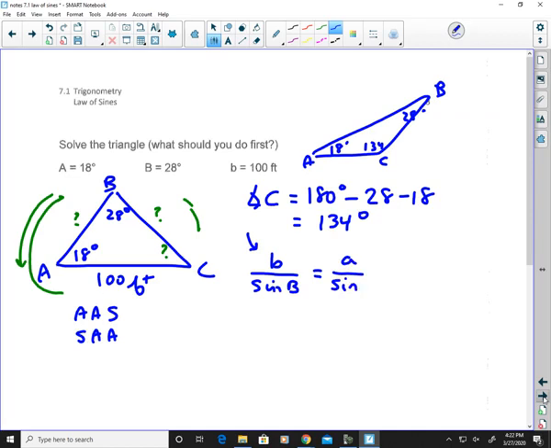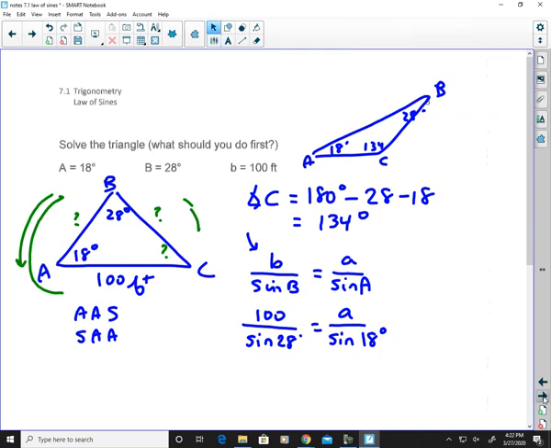So I'm going to set up, you only pick two lengths, two angles to relate to each other. I'm going with A and B. So 100 over sine of 28 equals, I don't know A, that's what I'm finding, sine of 18 degrees. So multiply both sides by sine of 18.